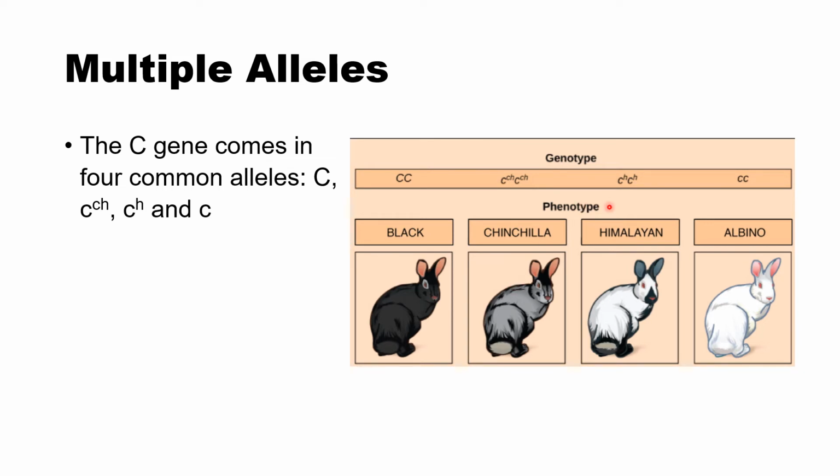Then yung recessive allele C with the H, it will dictate yung Himalayan na color na parang ganito. Merong white, tapos merong black siya. And then yung recessive c lang na allele, it will dictate yung albino na color. So yun yung mga multiple alleles that existed on the coat color of rabbits.